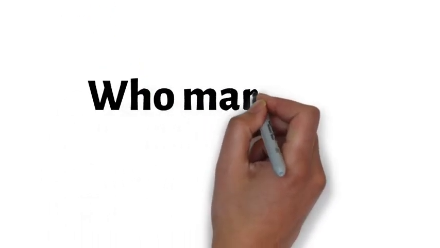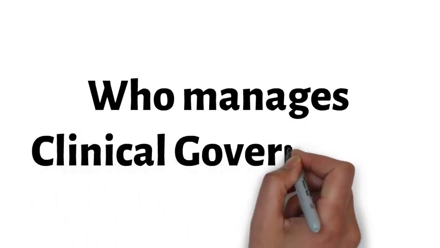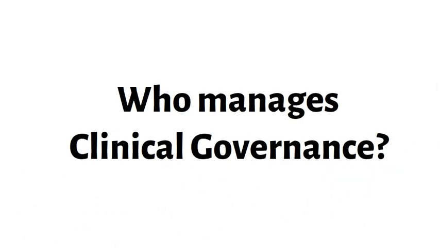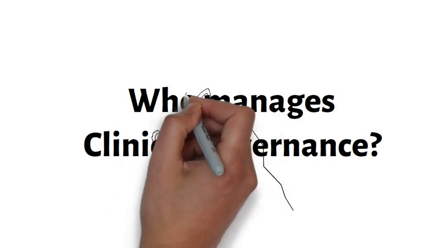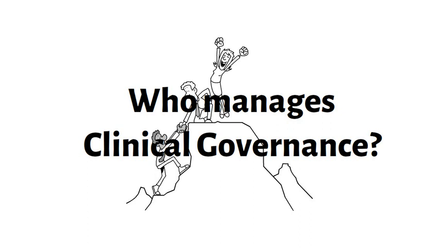So we move on to the next question: who manages clinical governance? So the clinical governance is managed within the hospital by a number of different individuals and departments, with the medical director as the head.